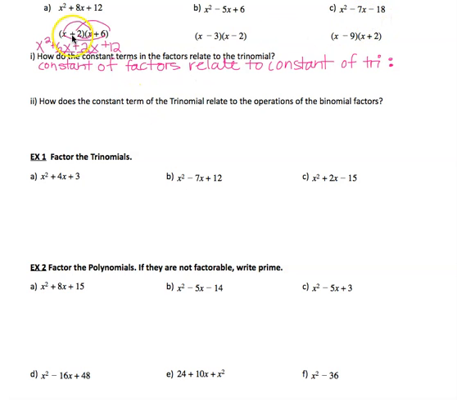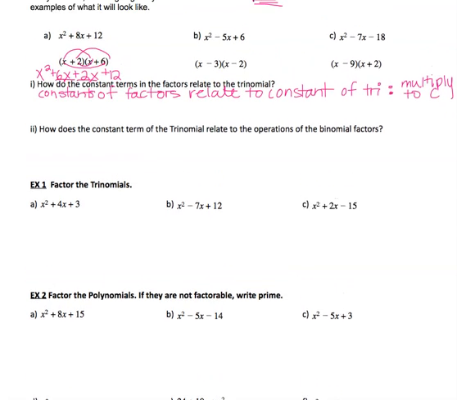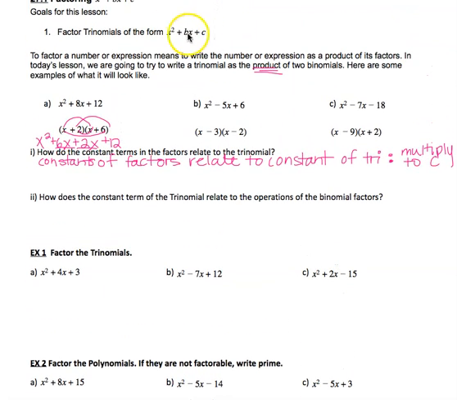So hopefully what you just noticed with me giving you all those numbers is that the constants in the factors multiply to give you the constant of the trinomial. So we're going to say multiply to c, because form x squared plus bx plus c.